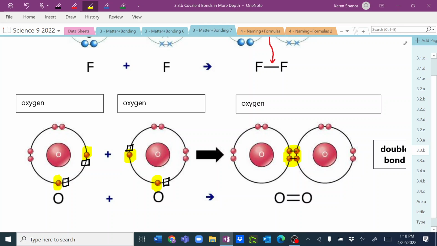And you'll notice, remember when we said the number of holes is the number of bonds, right? 2 holes, 2 bonds. So we have 1, 2 bonds, which is a double bond.